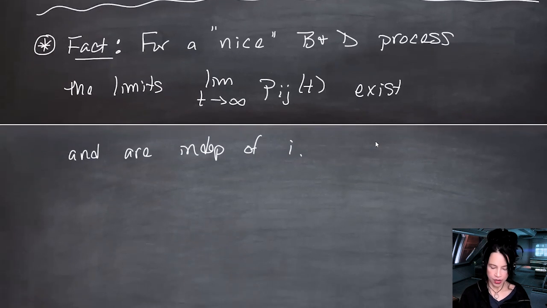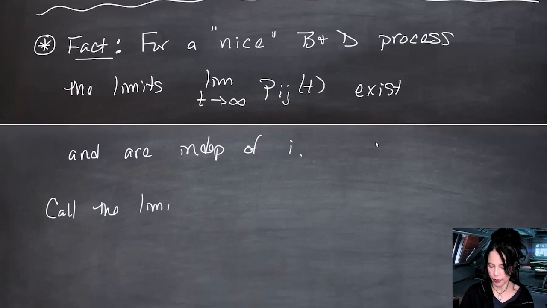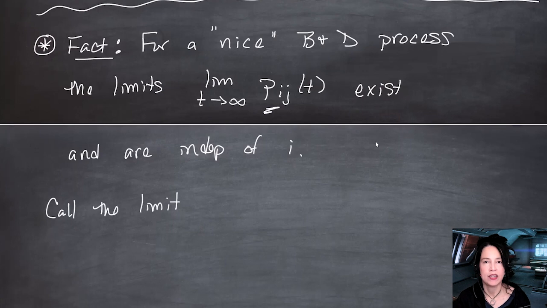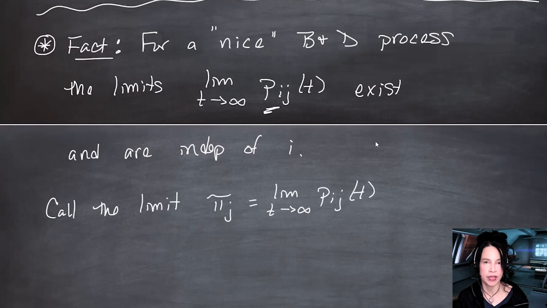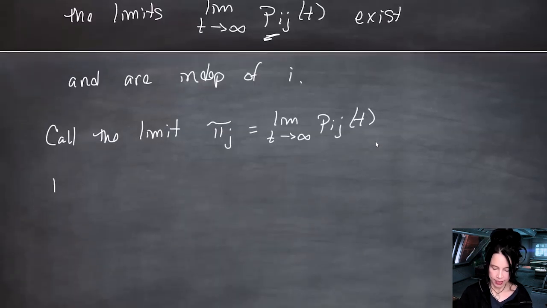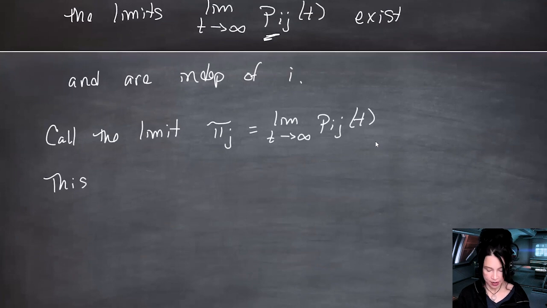I'm going to call the limit pi. This is just like what we did in the discrete time case, and it should be independent of I, so it depends on j, and I'm going to call it pi j, in the case that this limit exists and is independent of the starting value I. Just like in the discrete time case, this is stationary.